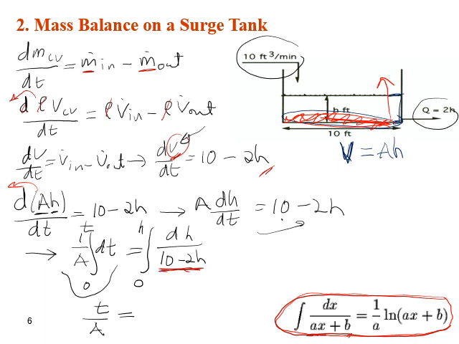So t over A is equal to minus 1 over 2, because a is the same as minus 2, ln of 10 minus 2h, integrated from 0 to h.